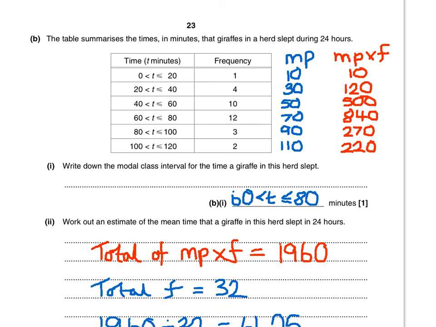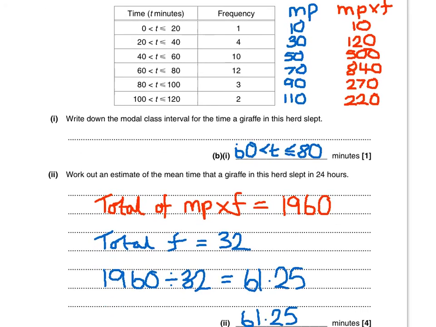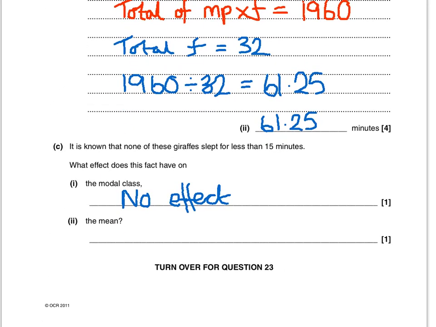But if we know that there are no sleeping times between 0 and 15, then that is going to have a slight effect on the mean, because we wouldn't use 10 as the midpoint any longer. So the mean will increase.